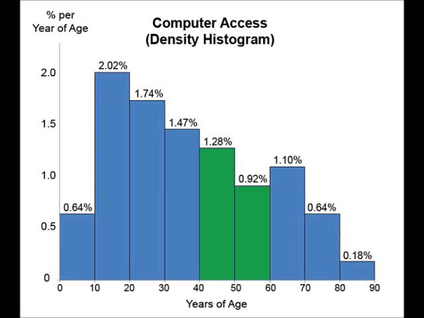Adding all of those percentages would mean adding 1.28% for each of the 10 ages beginning with 40 and ending with 49, plus another 0.92% for each of the 5 ages beginning with 50 and ending before 55. So that would include 50, 51, 52, 53, and 54. So it would be 1.28% times 10 plus 0.92% times 5 equals 17.4%.